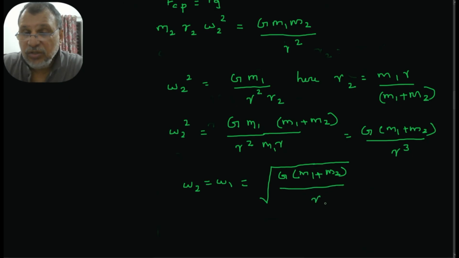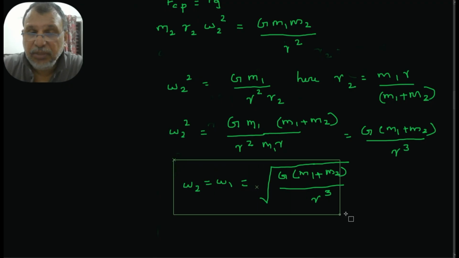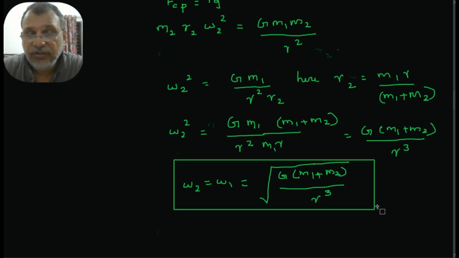So the angular speed will be constant for both the bodies. That is something you should remember. Here we are measuring everything with reference to the center of mass. You must remember that.